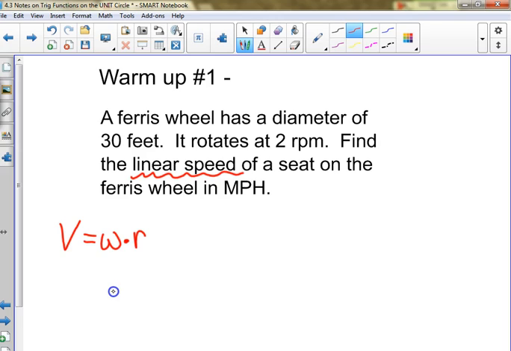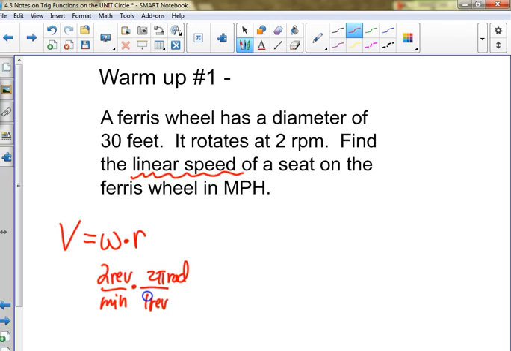We need to find angular velocity. Angular velocity is how fast it's turning. What is it telling us? 2 revolutions per minute. Is that an angular velocity? No, not until we turn it into what? Radians.